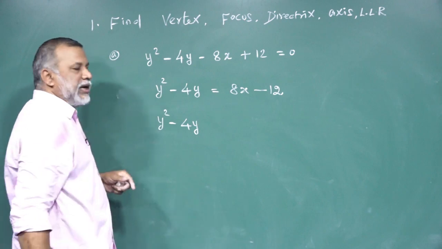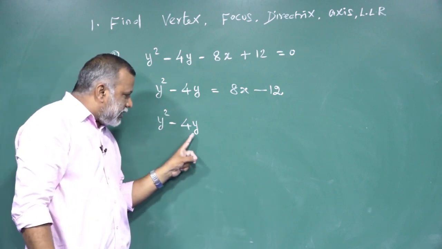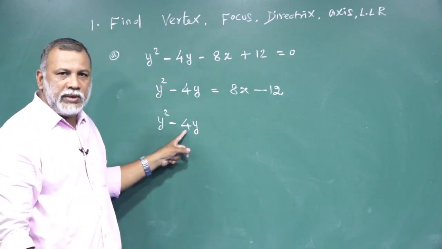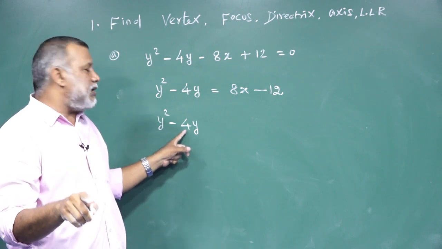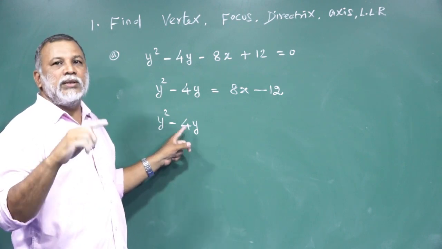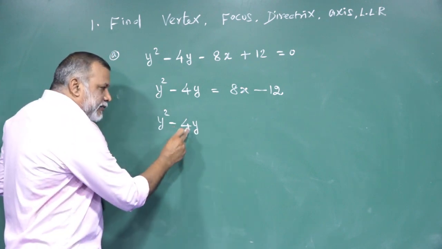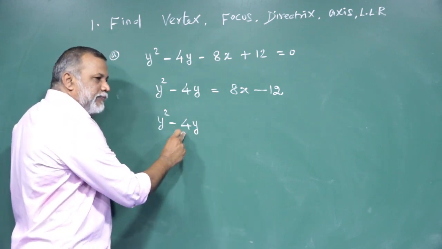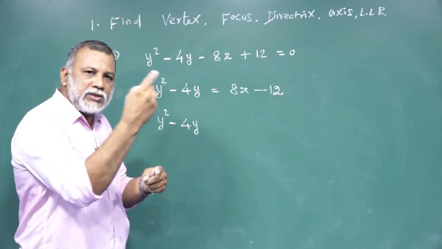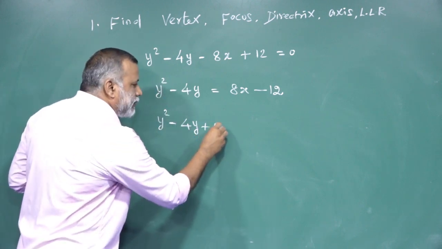y squared minus 4y. Now see the coefficient of y is 4. Take the half value. What is the half value of this one? 2. Squaring and adding here. So if the coefficient of y is 4, then half value is 2, then squaring means we can get 4 here.